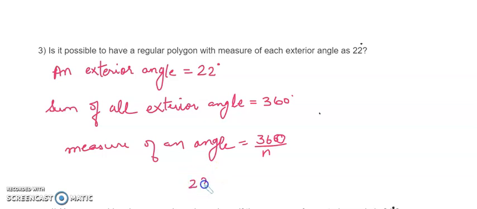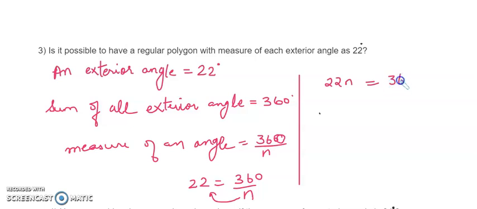So doesn't it say 22 equals 360 divided by n? Let's shift the n to the left side. So it becomes 22 times n, which is equal to 360. So n is equal to 360 divided by 22, which is equal to 180 divided by 11.